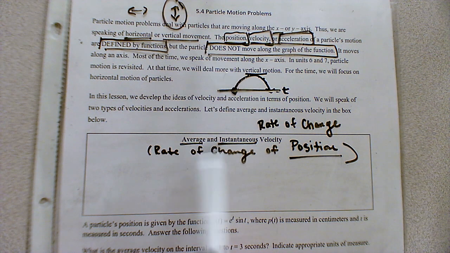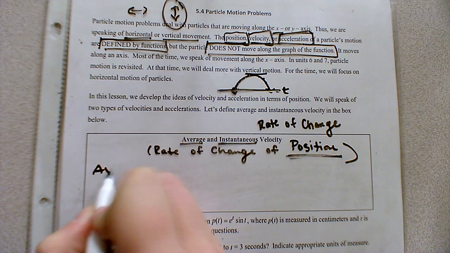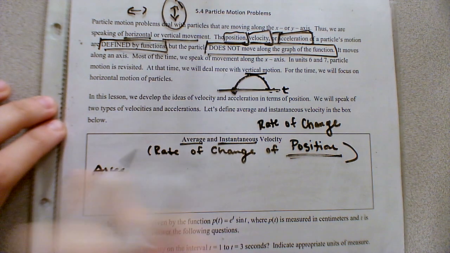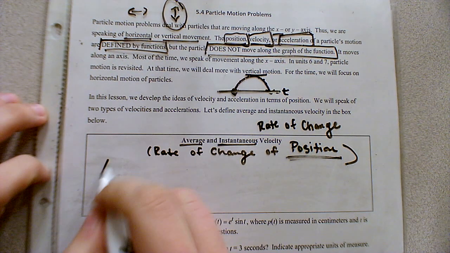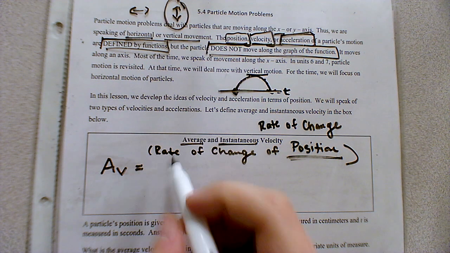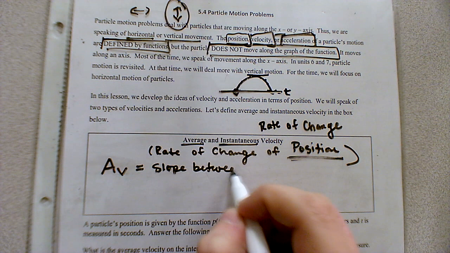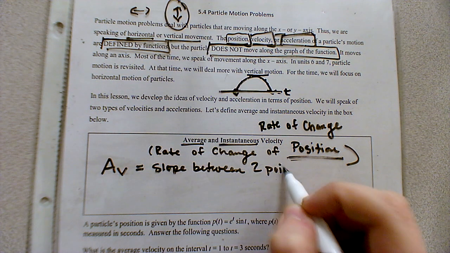Now, since we have two different types of rate of change, average and instantaneous, we have different ways now to calculate these values if we know a position function or perhaps graph. So we'll say, maybe I'll abbreviate instead of writing all this out, I'm going to say average velocity is technically the slope between 2 points.